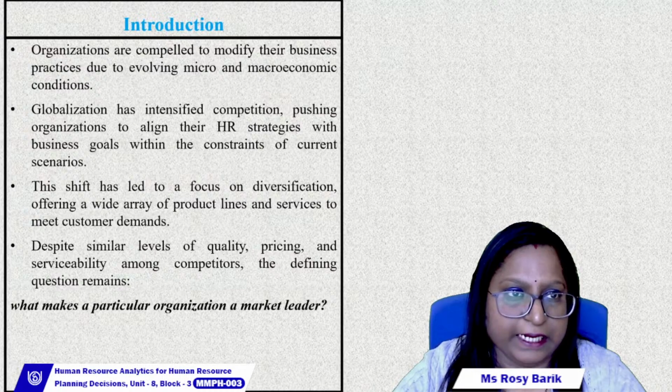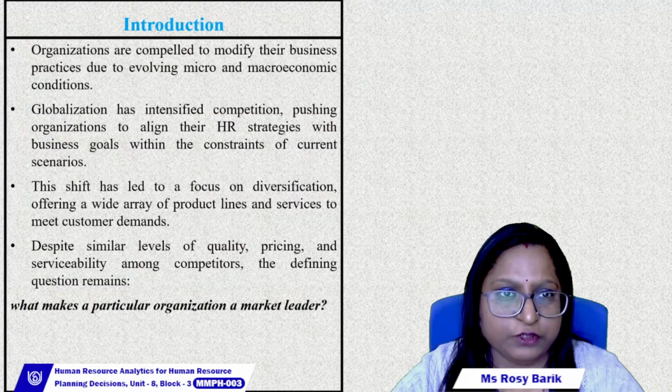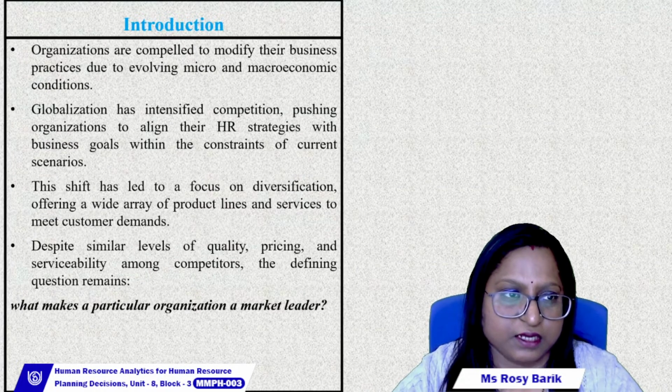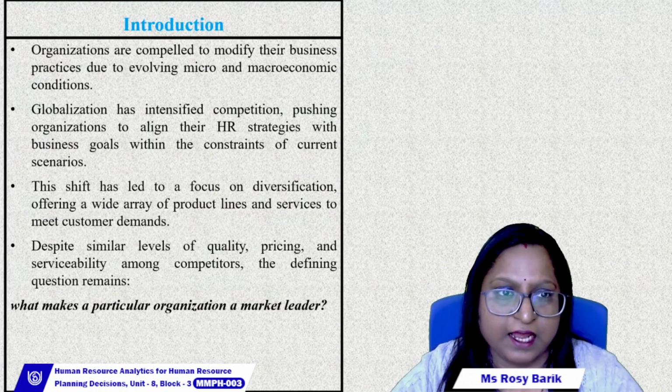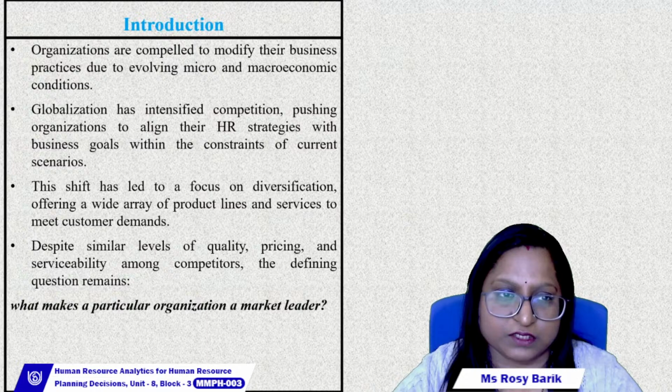In this topic, organizations are compelled to modify their business practices due to evolving micro and macroeconomic conditions. Globalization has intensified competition, pushing organizations to align their HR strategy with business goals.